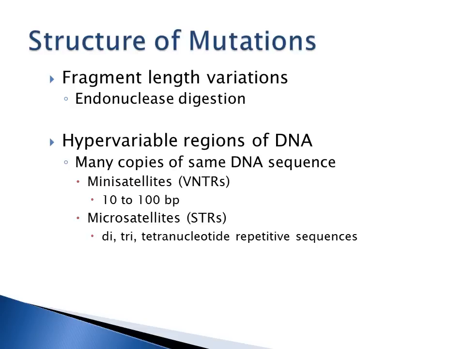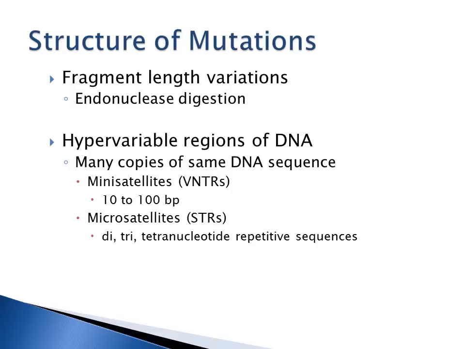When you're looking at mutations, commonly you look at what are called hypervariable regions. These are areas of the DNA that tend to vary from person to person. Most individuals have identical DNA sequences among genes, but there are certain regions that are considered hypervariable.